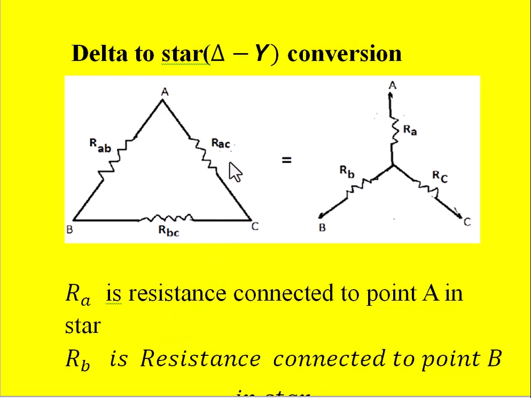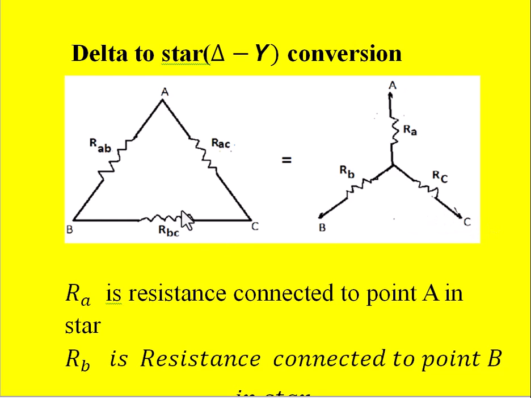Here RAC and RBC are in series with respect to terminals A and B. Similarly, between terminals A and B in the star, the resistors connected in series are RA and RB, whereas RC is in hanging condition, so it can be neglected.